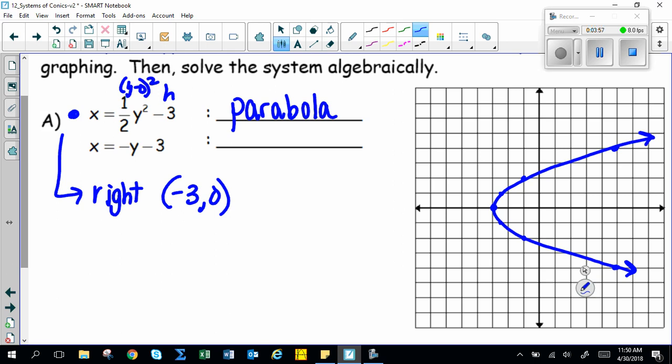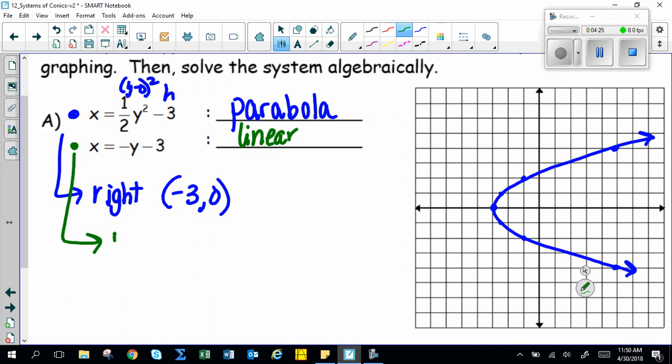All right. What about the second equation? What type of relation or function is this second equation? It's not a conic. It's a linear equation. Good job. There's no quantity squared here.